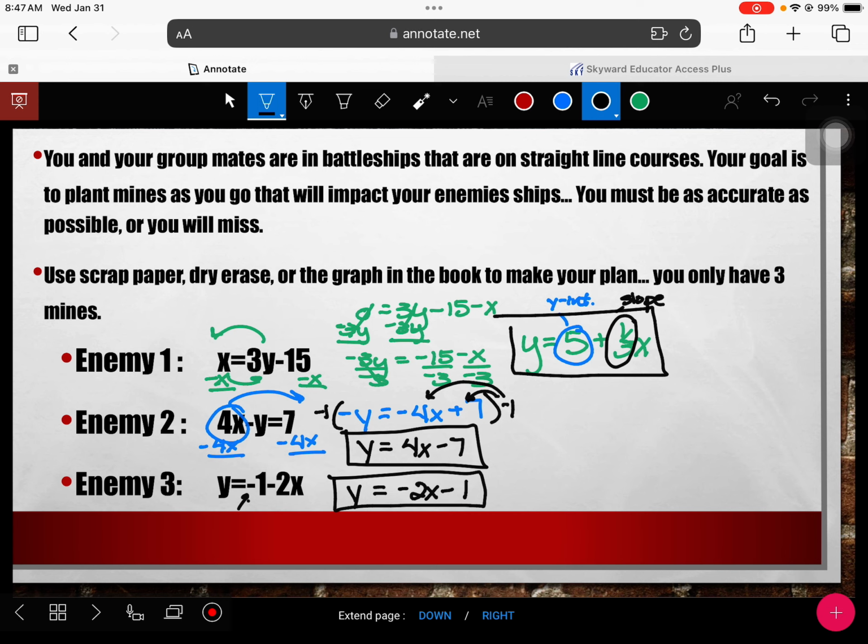So I multiply it by negative 1 to get the positive y. So then I have to multiply everything on the other side by negative 1 to get those opposites. So right here, I multiply by negative 1, so I multiply here by negative 1 also. And then distributed that negative 1 with those.